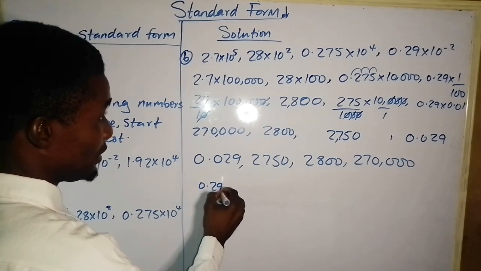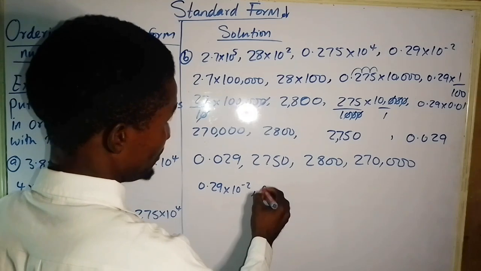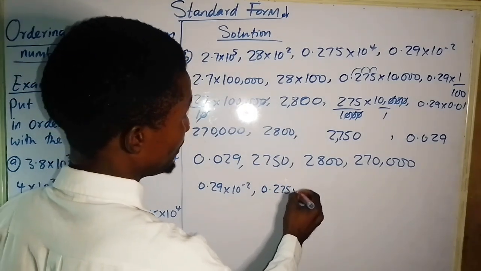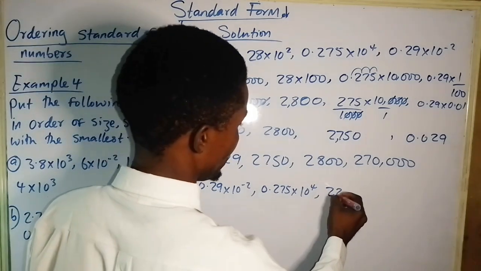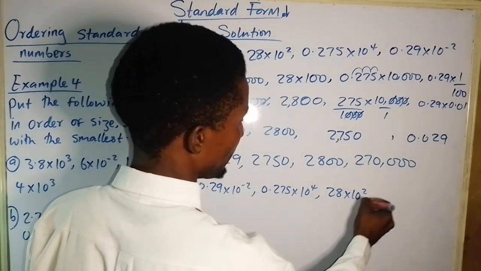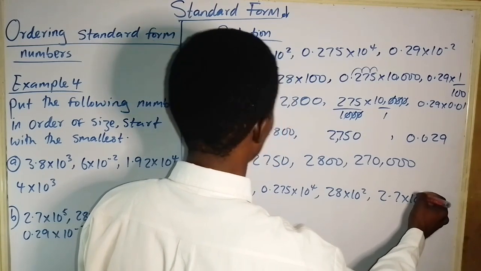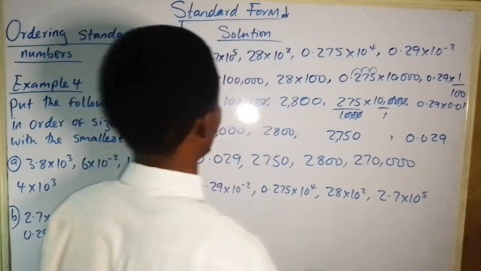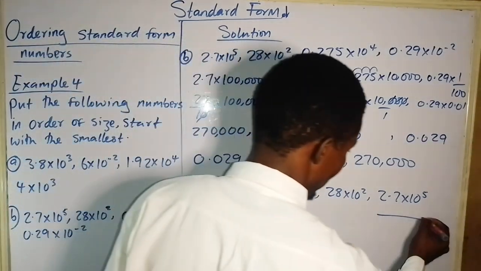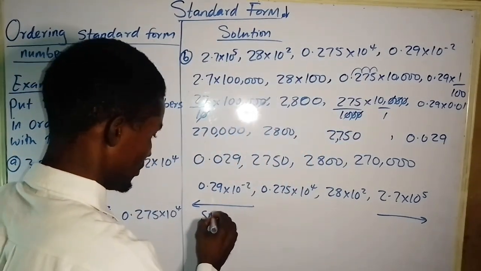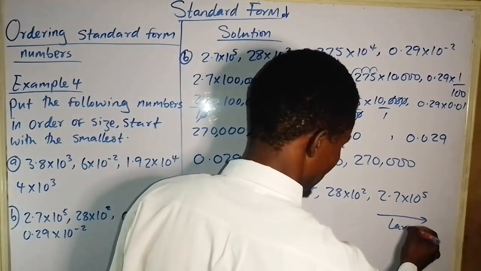We have 29 times 10 raised to power minus 2, comma, 0.275 times 10 raised to power 4, comma, 28 times 10 raised to power 2, comma, 2.7 times 10 raised to power 5. So we just express the numbers from the smallest to the largest or the biggest.